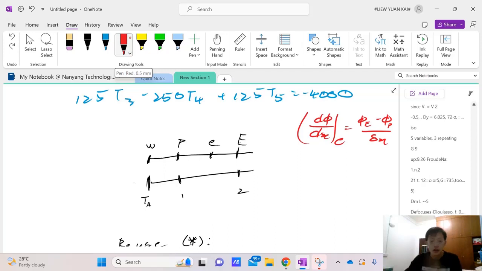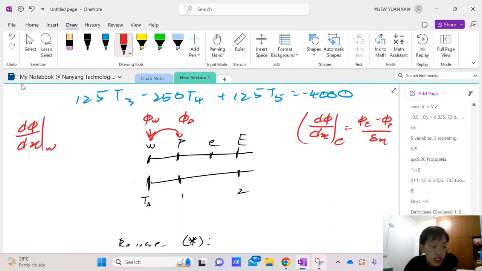So immediate right minus the point itself divided by the interval. Immediate right is phi p, and we compromise by using the point itself, phi w. The segment is delta x over 2. So d phi dx at west is phi p minus phi w divided by delta x over 2.